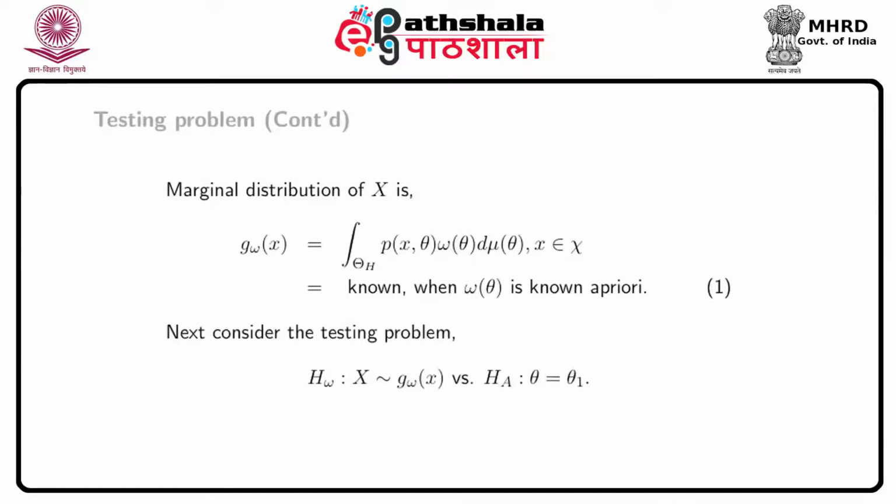Next, we consider the problem of testing H_w, that x follows the PDF or PMF g_w(x), against H_A, that θ is equal to θ_1. Actually, g_w represents the marginal distribution of x whenever w(θ) is known a priori.